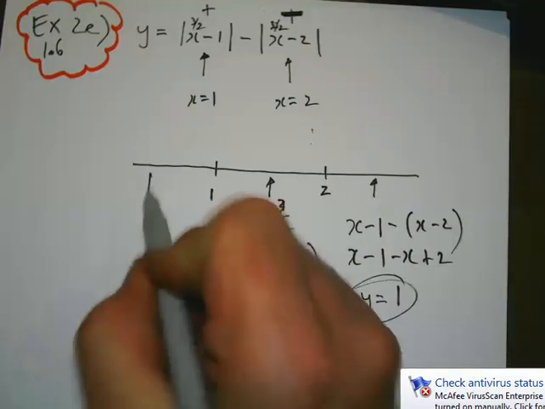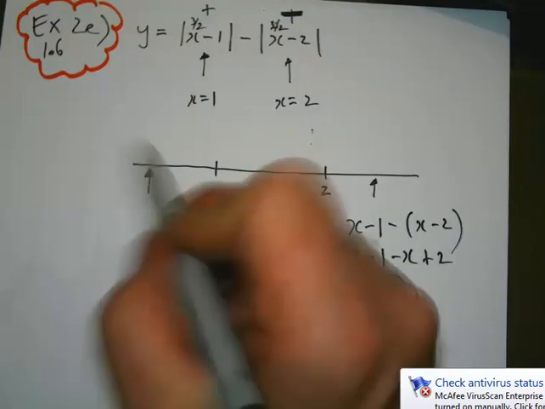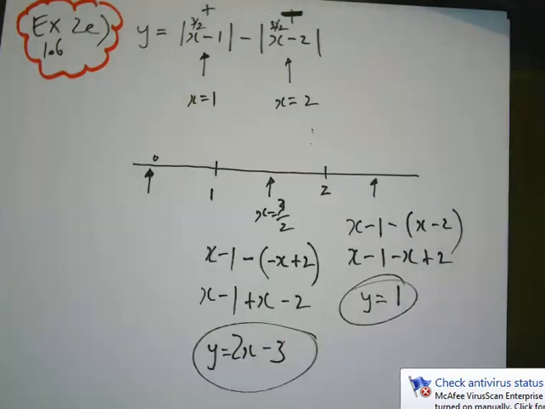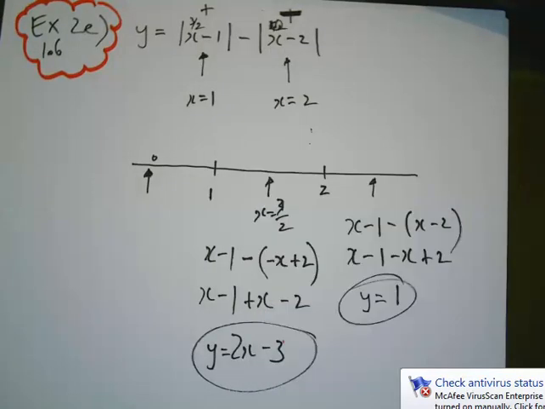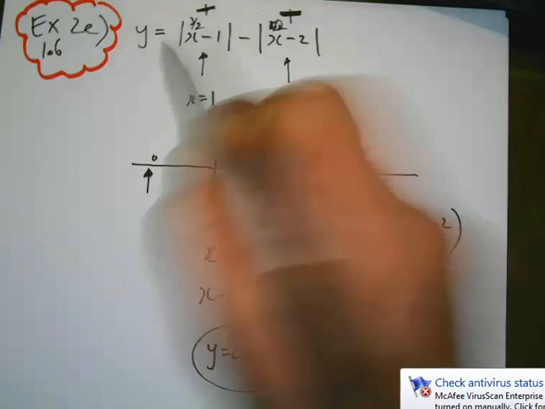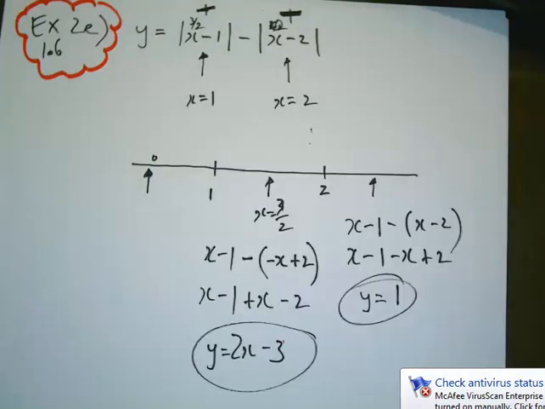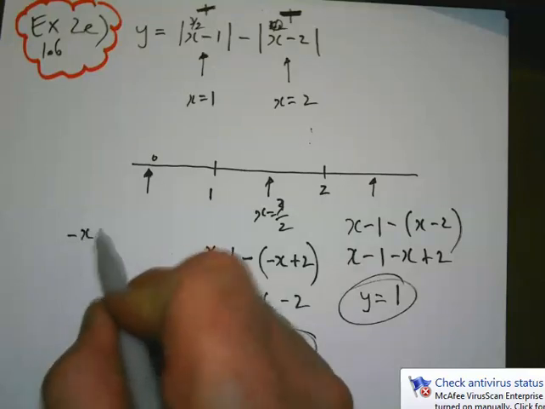And my third domain is when x is less than 1. For example, when x is equal to 0. If I sub 0 into there, this is negative. If I sub 0 into here, this is also negative. Both of the moduluses are negative. They need to be multiplied by negative 1. Therefore, I'm going to have minus x plus 1.